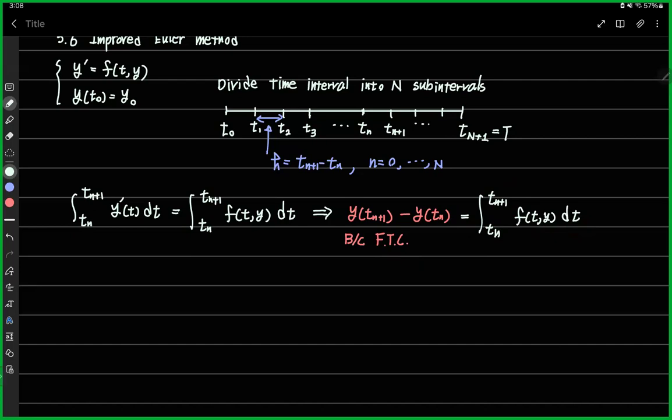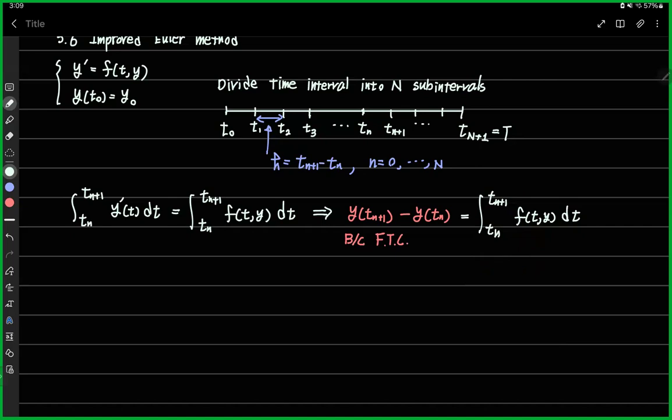Okay. Now, to handle this one, we do not know the antiderivative of f. So we got this kind of problem, right? Because how can you evaluate that integral since we do not know the antiderivative of f? So we need to approximate that integration somehow.